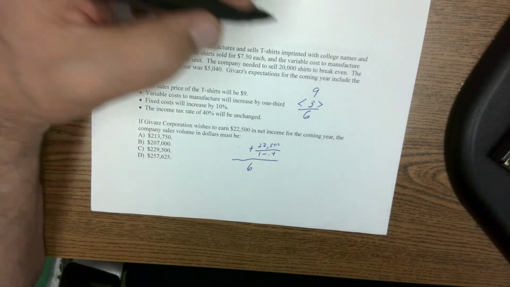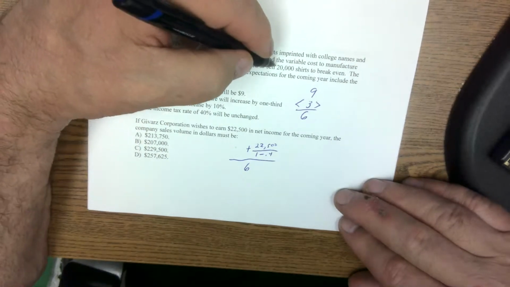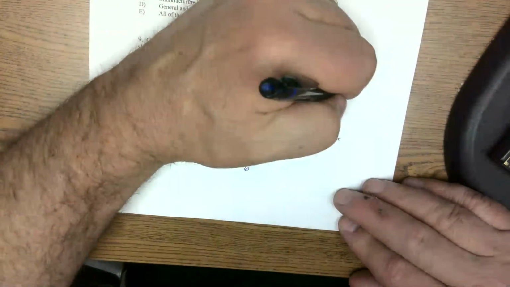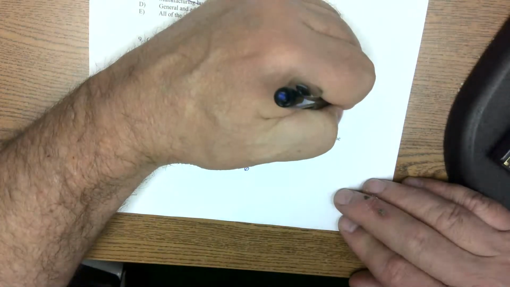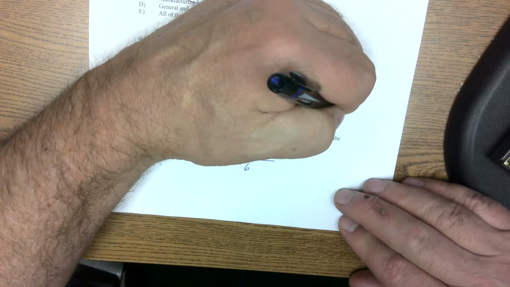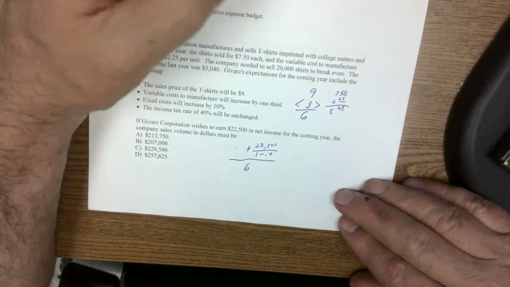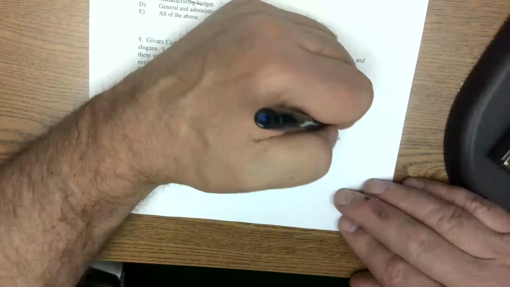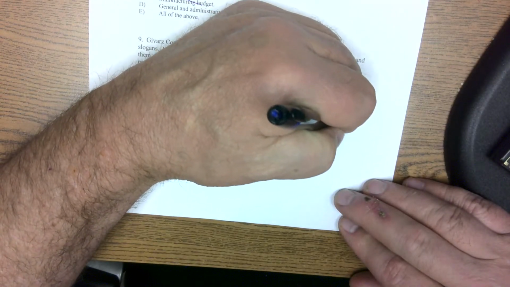Okay, so they needed 20,000 shirts to break even last year. So they had 750 minus 225 would be 525 was the contribution margin. And they had 20,000 divided by 525.